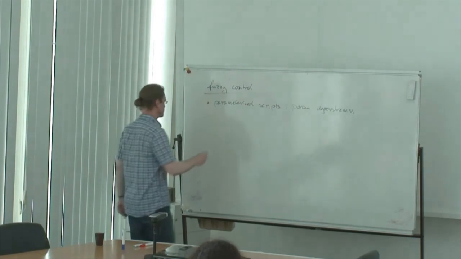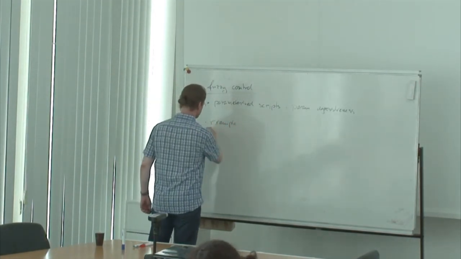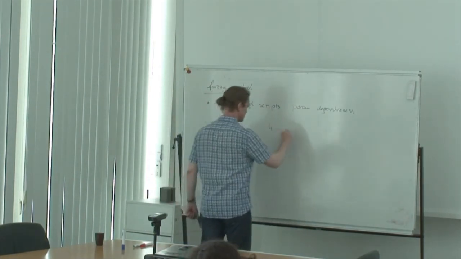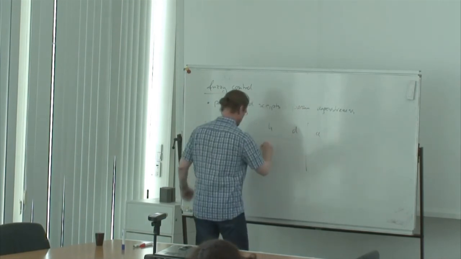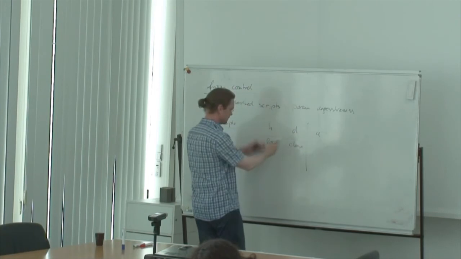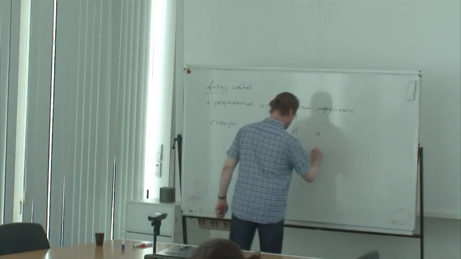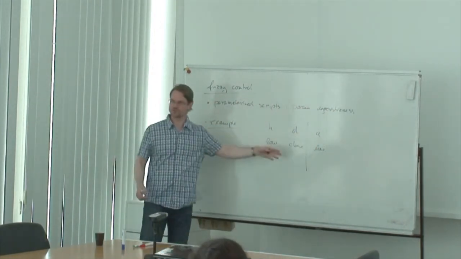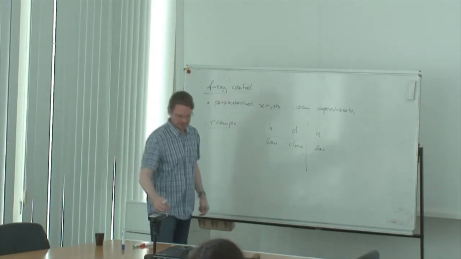We can then think about rules, or sets of rules, such as health, the distance to enemy, and aggressiveness. We could say this is low, this is close. If it is low and close, then we shouldn't be so aggressive. So aggressiveness should also be low, because if our health is low and we are close to an enemy, it's better to flee, so we shouldn't be so aggressive, right?